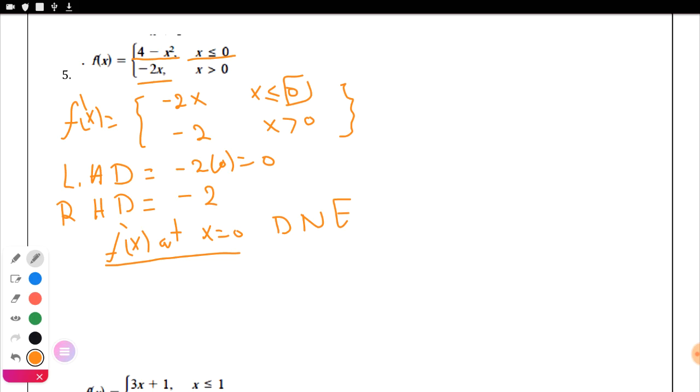Here I have to find the zeros of the derivative, where the derivative equals 0. The derivative negative 2x equals 0 implies x equals 0. So we have a critical number, since the derivative equals 0 or does not exist at x equals 0.